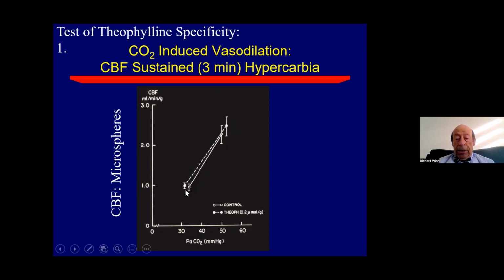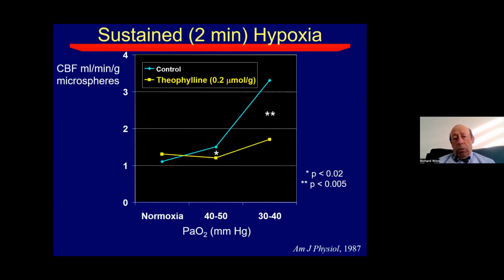And here you see control animals, and here animals pre-treated with theophylline, and they have the same response. So theophylline in itself is not paralyzing the blood vessels so that that's why you don't see a response. It appears, at least, and we did a number of other stimulants to flow that were not adenosine related, we thought, and did not find interference. So it seems like it's a pretty isolated probe that we could use.